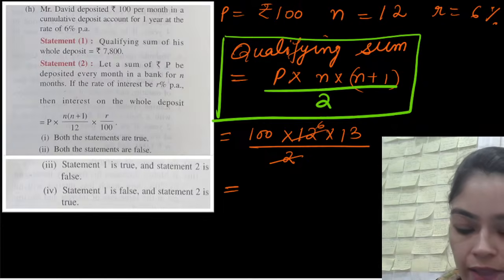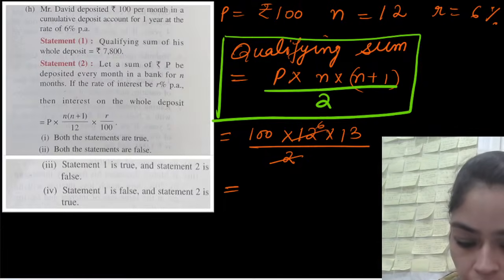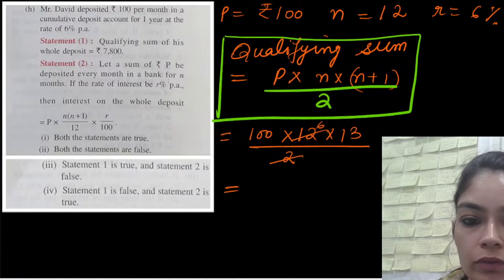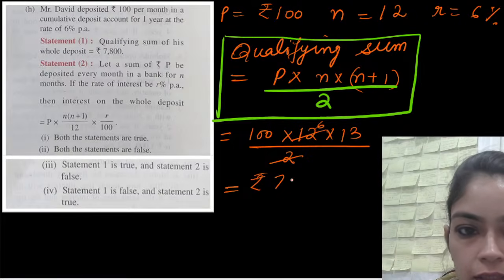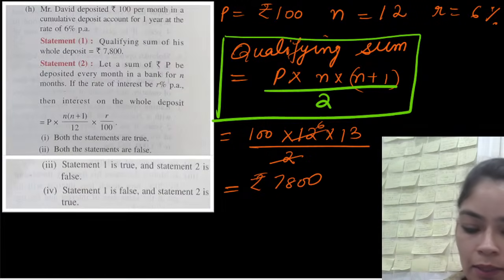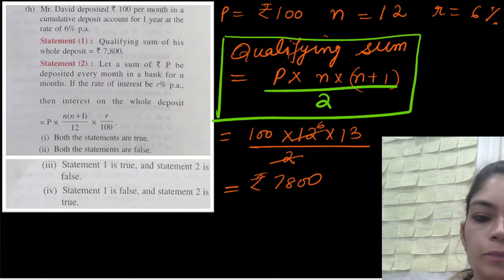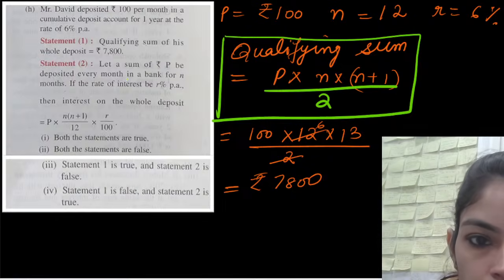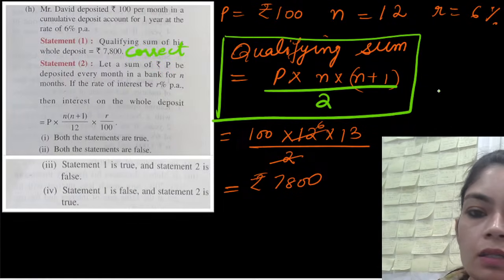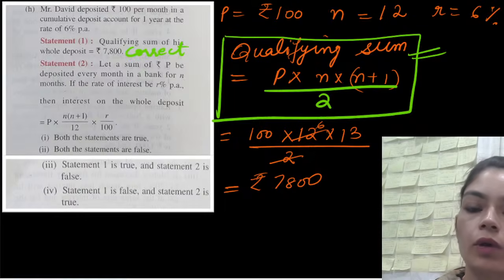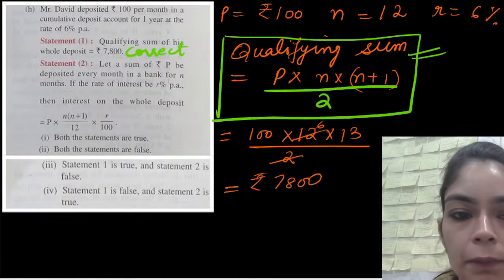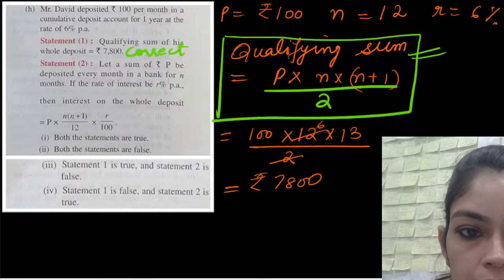You can do cancellation, multiplication is really not required. If you solve it, you will get 7,800. That's what is given to us. Right, so the first one is true. Statement 1 is correct because once we solved the qualifying sum, we get the same amount. So what is the second one?